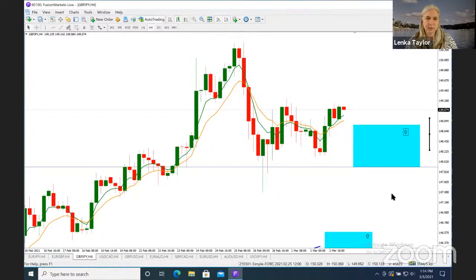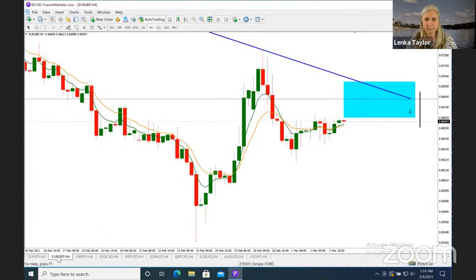I'm just checking the chat box. How should the bar close on Euro GBP? Okay, I'm just going to go back to Euro GBP. So here I would like to see either the price going a bit further back.